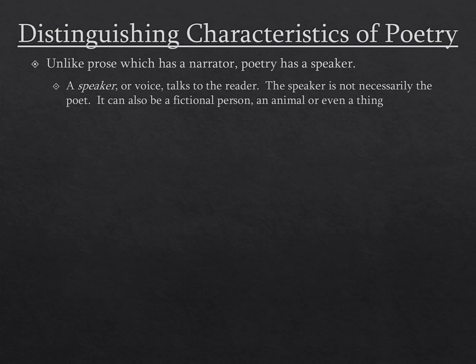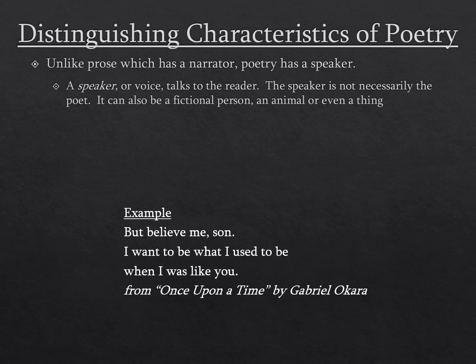A speaker or voice talks to the reader. The speaker is not necessarily the poet. It can also be a fictional person, an animal, or even a thing. Example: "But believe me, son, I want to be what I used to be when I was like you." This is from Once Upon a Time by Gabriel Okara.